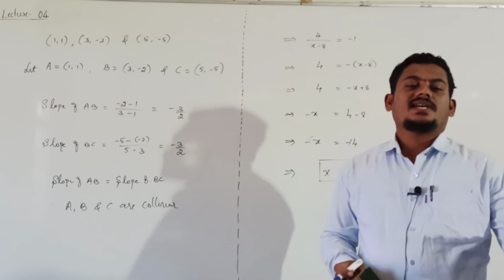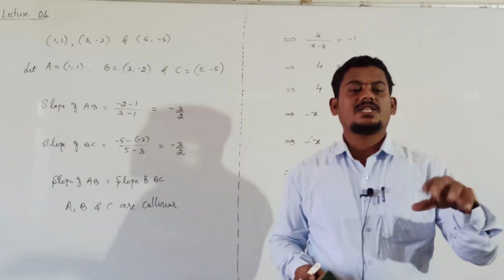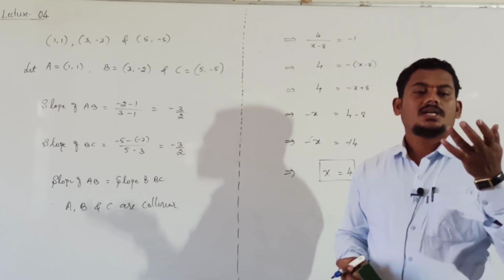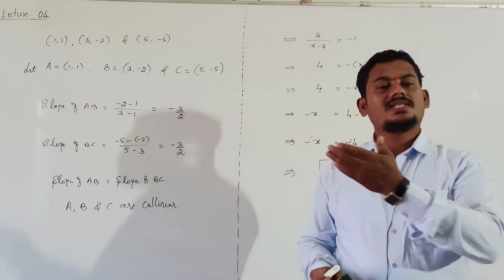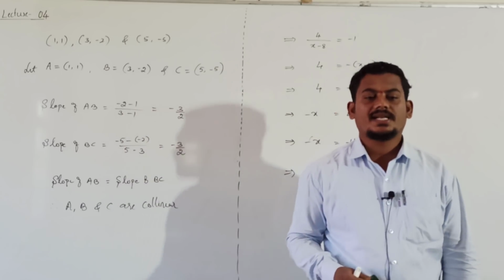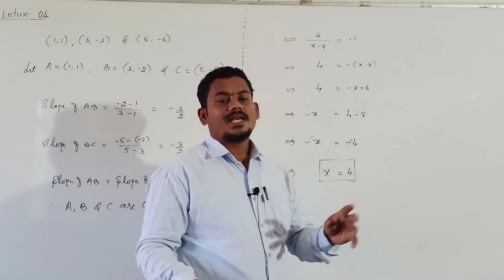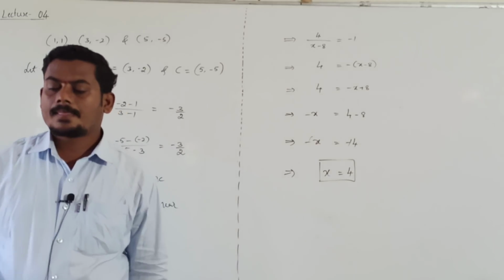To show that the given three points are collinear, just show that the slope of the line joining the first two points is equal to the slope of the line joining the next two points. If the slopes are equal, then clearly the three points are collinear.